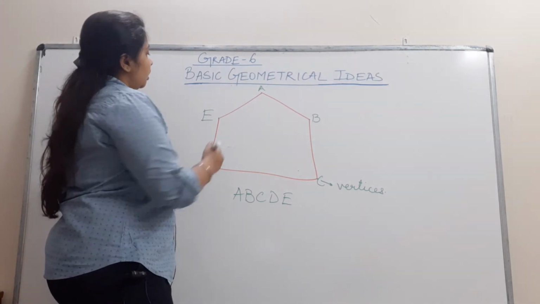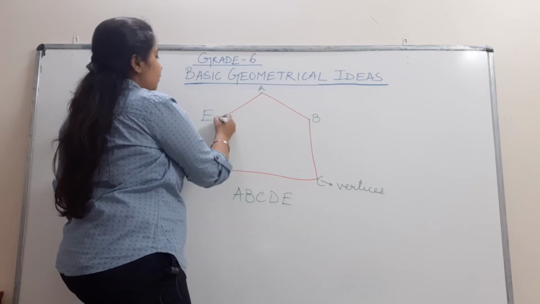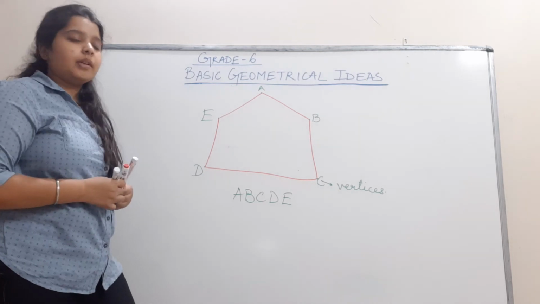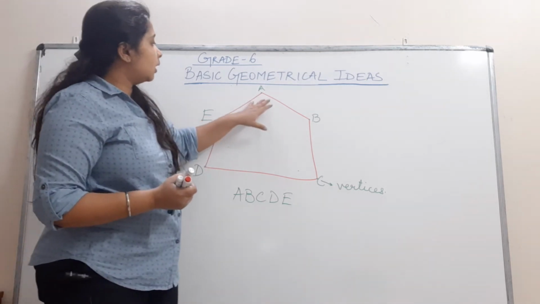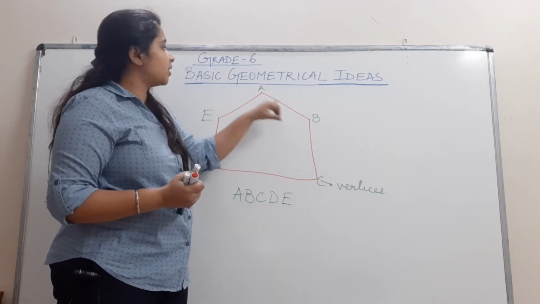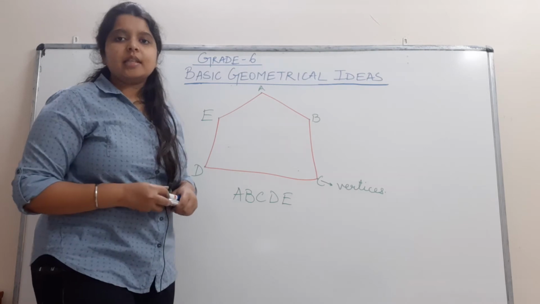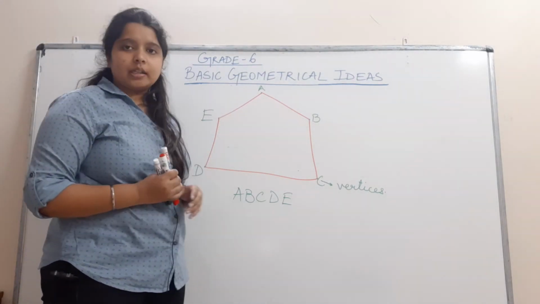Now, A and E are two consecutive vertices. Now, what do you mean by consecutive? Coming one after another, and it is also known as adjacent. So, the vertices which share the same line segment are known as adjacent vertices.